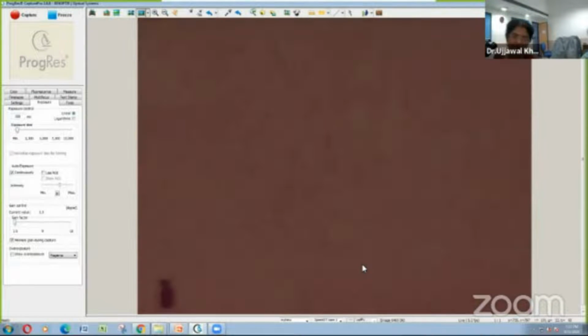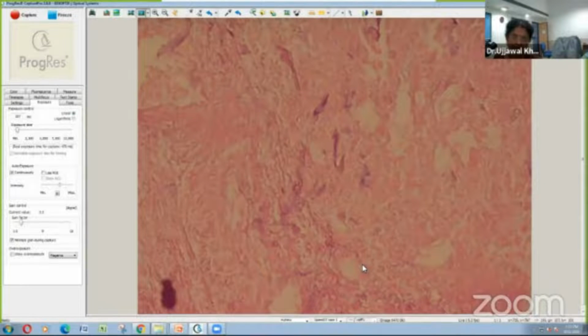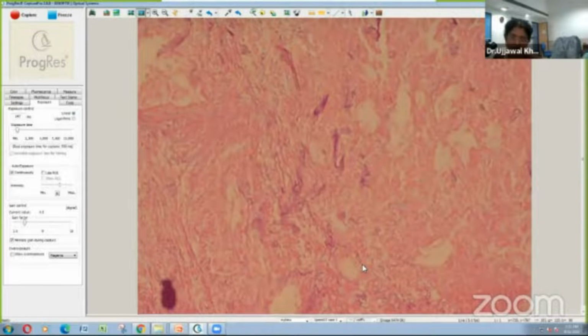It has destroyed everything else except the fungal elements. They are feeding on everything. This is fungal osteomyelitis.